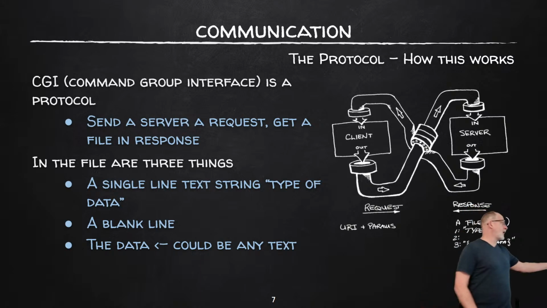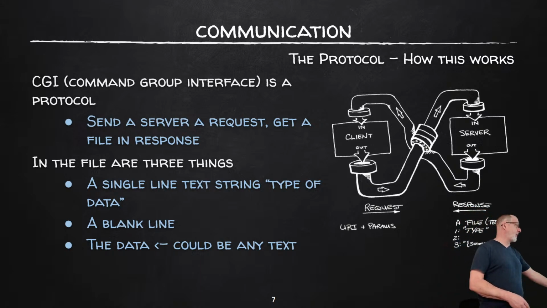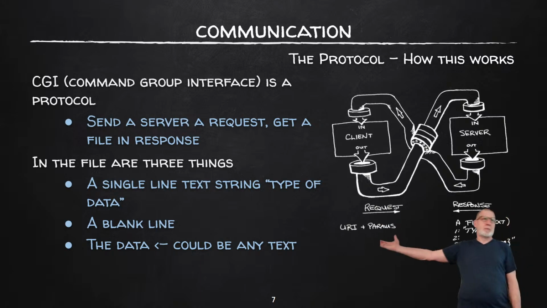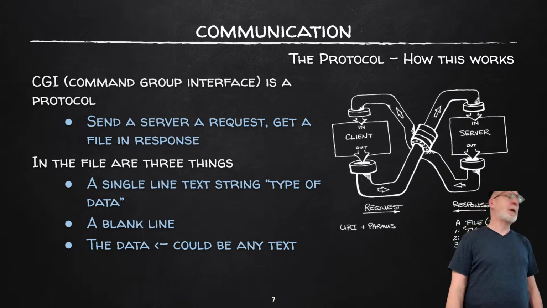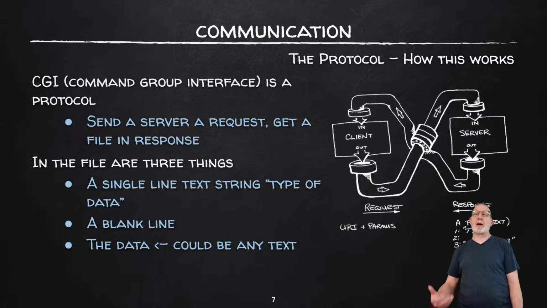It says we're going to send a single line of text that gives us a request. And then we're going to send a blank line, and then we're going to send another chunk of text. And we'll tell you how big this is, but it could be anything. And it's up to the server to interpret it. Okay? And this is where you, the programmer, come in.